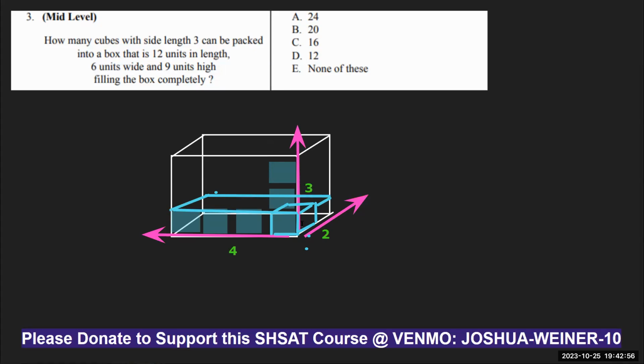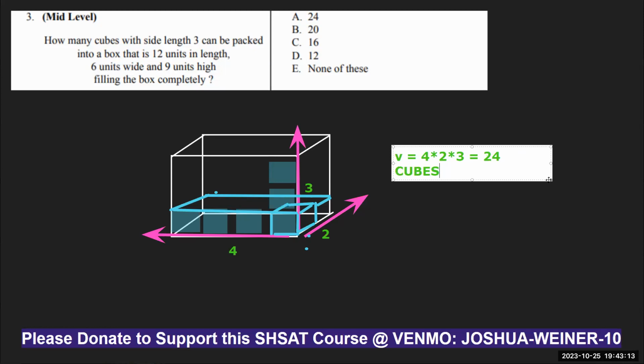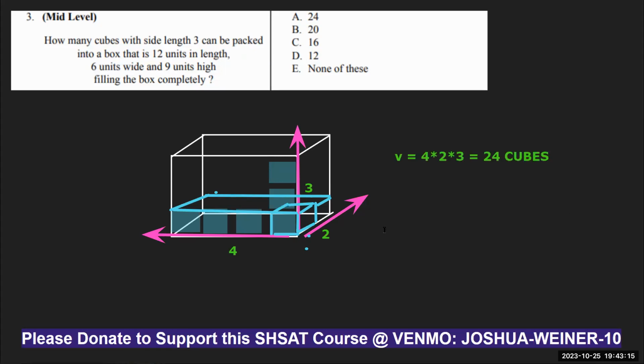So these are the block counts because we have to space the blocks that have side length 3. So the volume in block units is 4 times 2 times 3, or 24 cube blocks. The correct answer was A, 24 cubes.